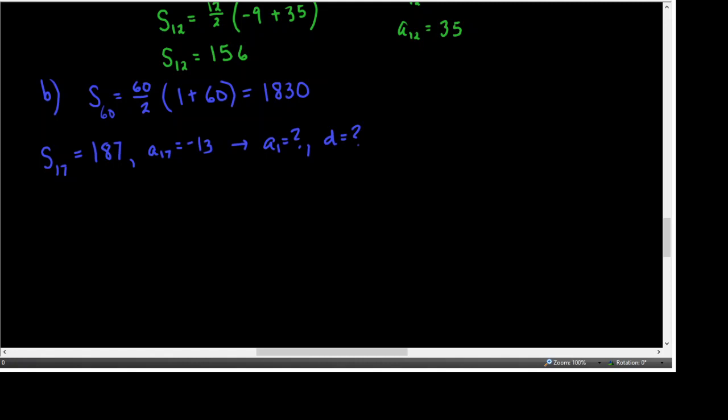We're going to make sure we find both of those. Using the S sub n formula, because it's arithmetic, we know that the 187 answer is arrived at by taking n, which is 17, divided by 2, times the quantity a sub 1, which I don't know, plus a sub 17, which I'm told is negative 13.